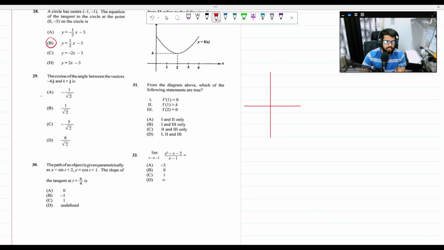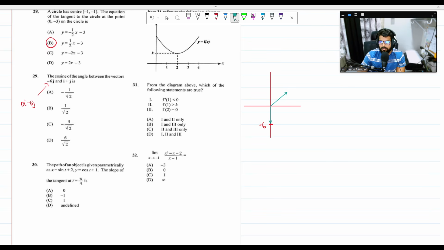Minus 6j, this vector is 0i minus 6j, so it's going downstairs here. So this here is one vector, and I'm just going to symbolize that vector with an arrow. The next vector is i plus j, which is over here.